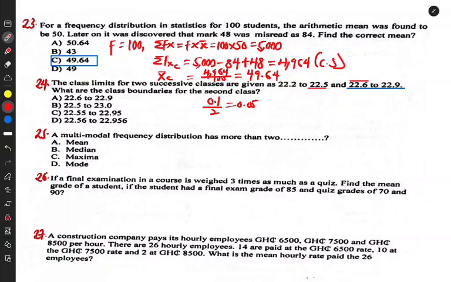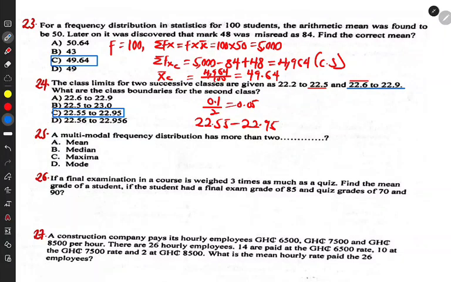For us to get the class boundary for the second class, we subtract 0.05 from 22.6, and we add 0.05 to 22.9. Subtracting gives 22.55, and adding gives 22.95. Simple, and you are good to go. And that should give you option C.